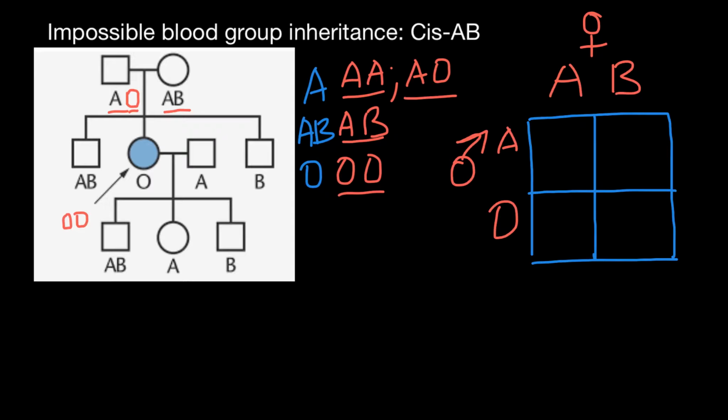We can expect that this couple may have progeny with genotype AA, AB, AO, and BO. So this couple may have children of the following blood types: blood group A, blood group A, blood group AB, and blood group B. But how come they have a child who belongs to blood group O? And this is what I'm going to explain in the next slide.